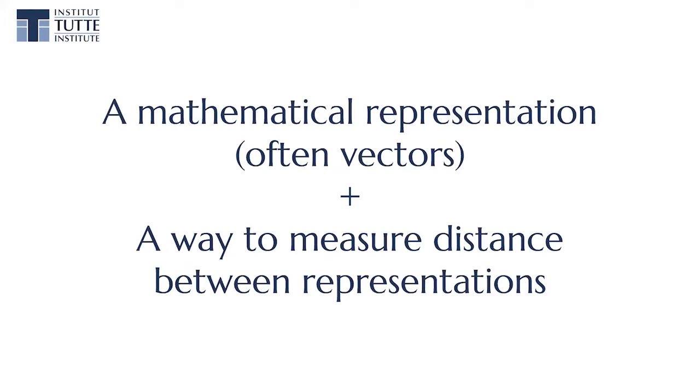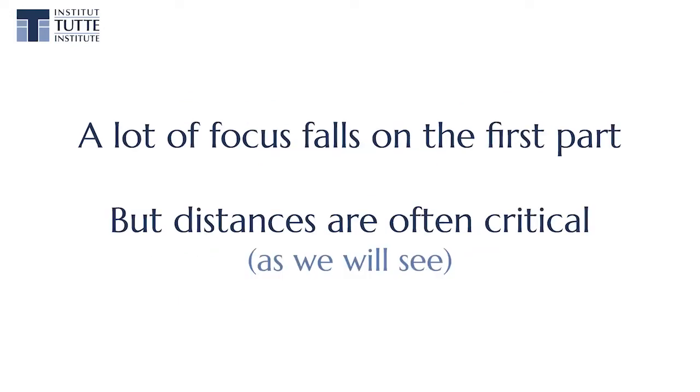Now, when I say mathematical representation, because it's the easiest possible thing to work with, we almost always mean vectors. What we care about is the way to measure distance between them as well. So a lot of the focus, if you look at the literature around this, is on word algorithms like word2vec, which you may have heard of, that's again from Google.